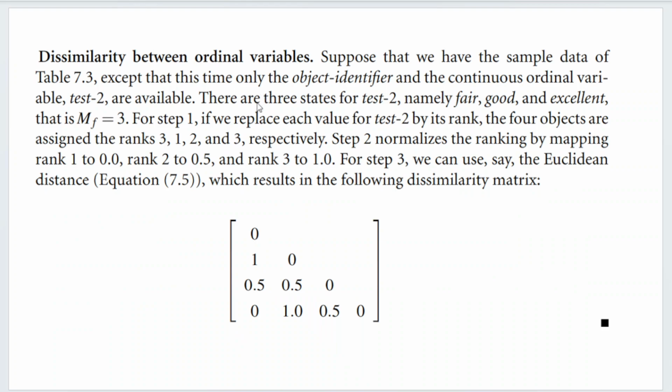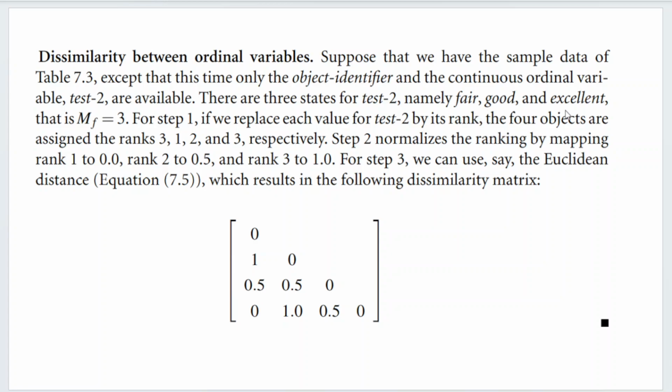Then how to calculate the dissimilarity matrices for the ordinal variables? In the sample data, we have the object identifiers and the ordinal variables. For these variables we have the values fair, good and excellent.